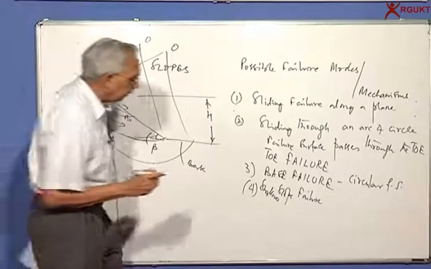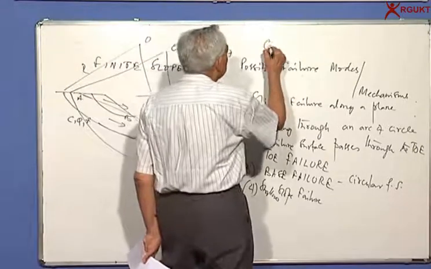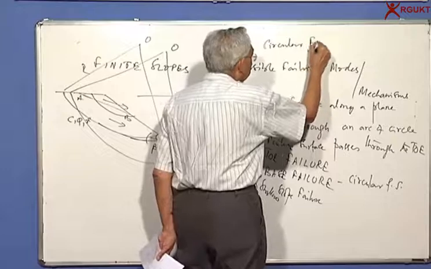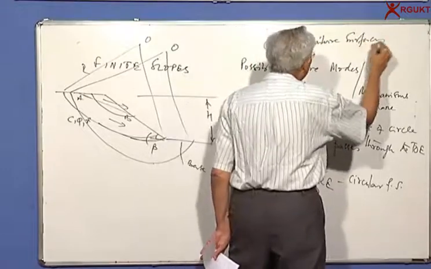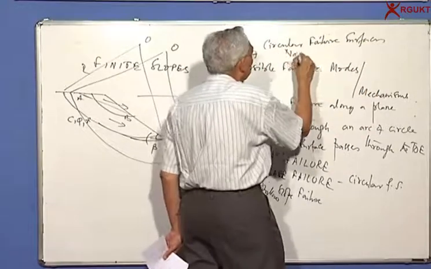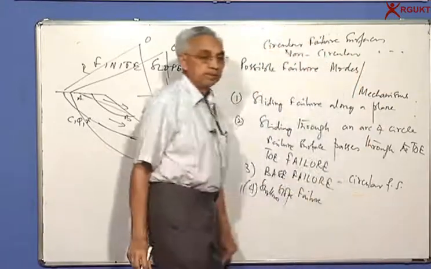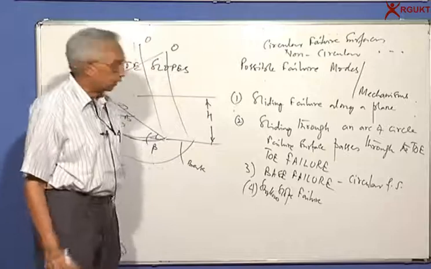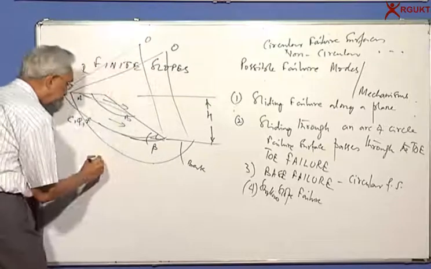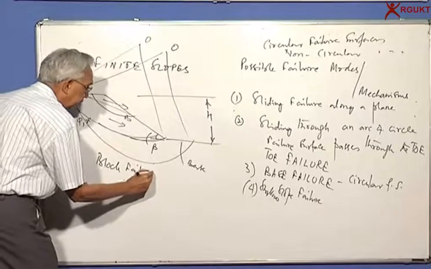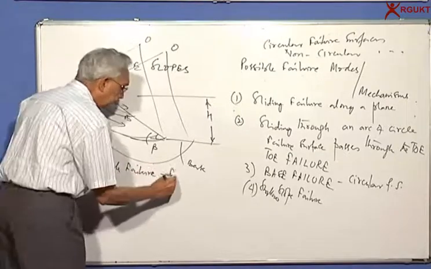The more general one will be, we have been all the time looking at circular failure surfaces, but now we also look at non-circular failure surfaces too. That's a more general one. Sometimes we also look at what is called block failure, particularly in case of embankment.